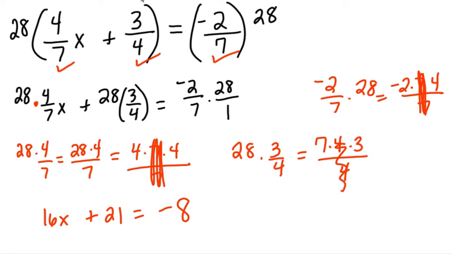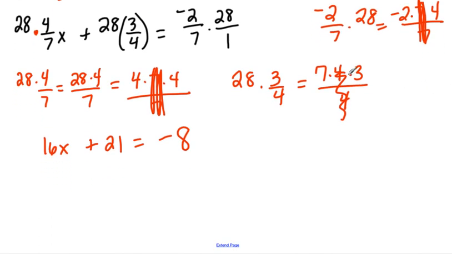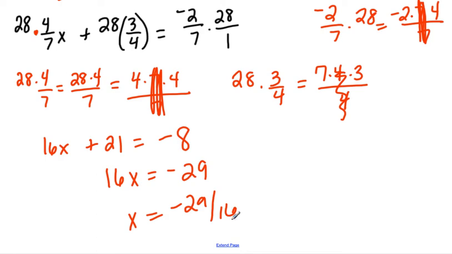Austin? Savannah, where'd you get lost? Well, how did I get the 28? We'll do one more, Savannah. Who stayed with me on that one? Okay, so then what do I do? Minus 21. Is everybody good with that? And then divide by 16. All right, let's do another one.